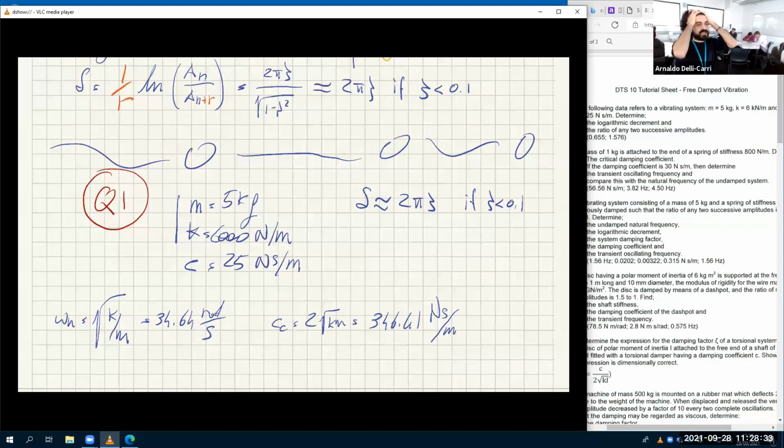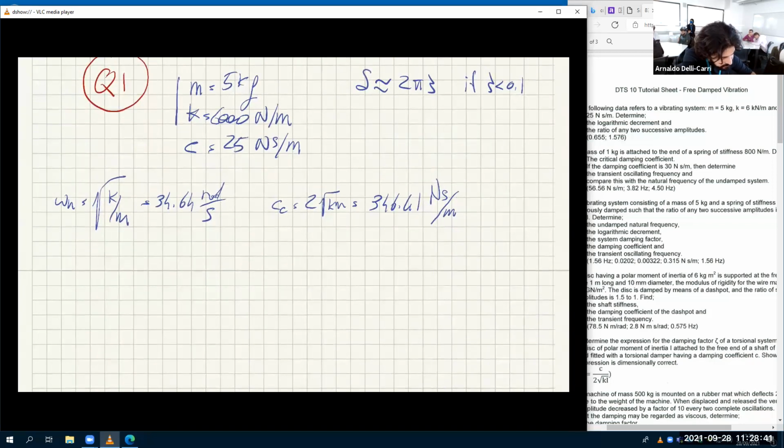So I'm going to make use of this fact by saying that delta equals 2 pi of C over C critical. Remember, zeta is C over C critical. Let me check how much zeta is first. Let's not skip steps.